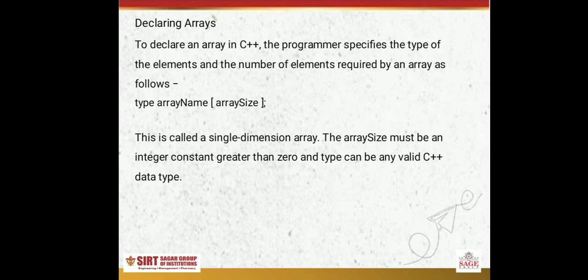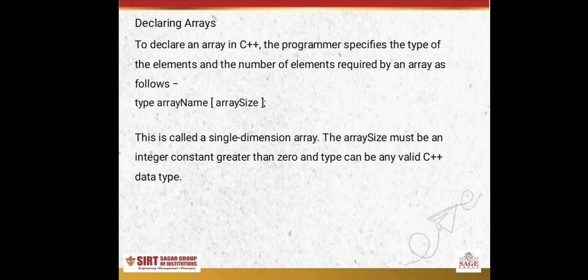Let's see declaring an array. In order to declare an array in C++, first the programmer must specify the type of the elements as well as the number of elements required by the array. Its syntax is given as the data type, then the array name, and then you need to declare the size of the array.